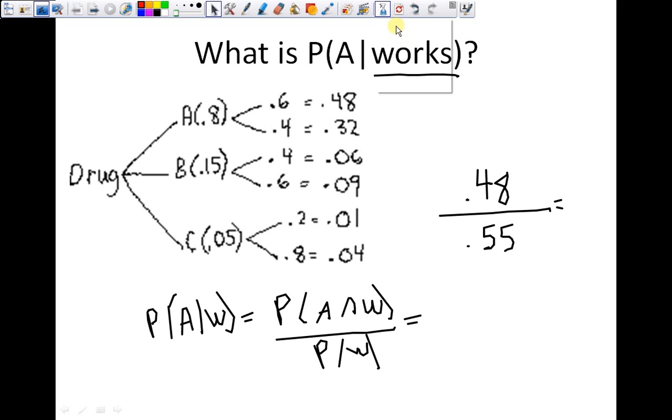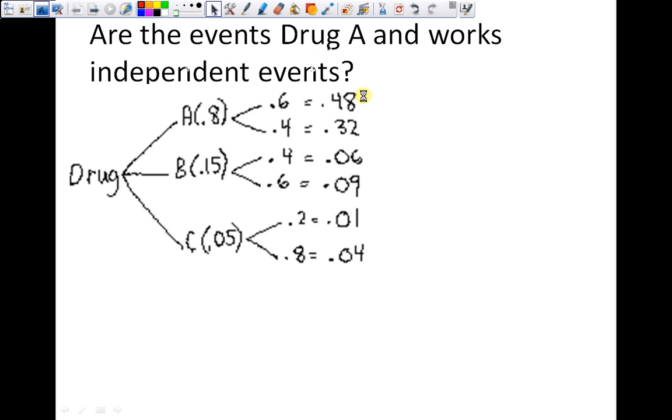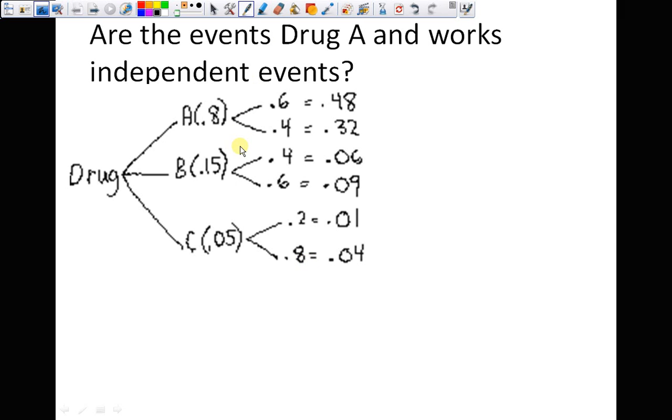And the last problem we're going to do says, are the events drug A and works independent events? So if two events are independent, then what you will see is the probability of A, if these two events were independent, then the probability of A would be the same thing as the probability of A given that it works.